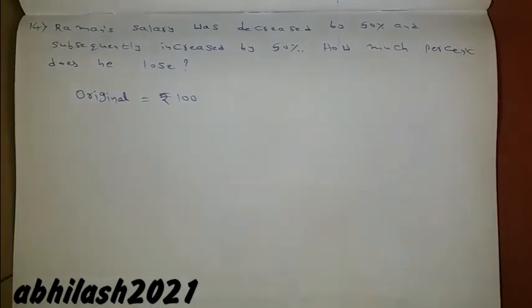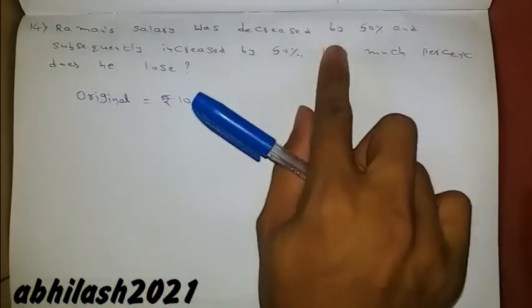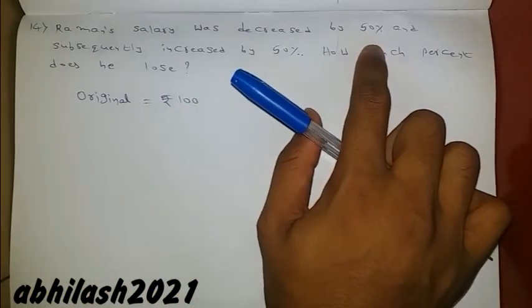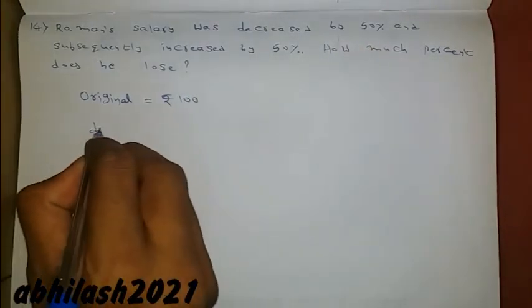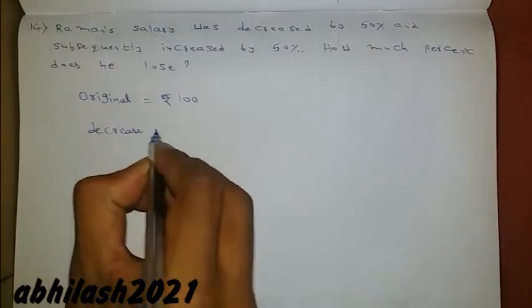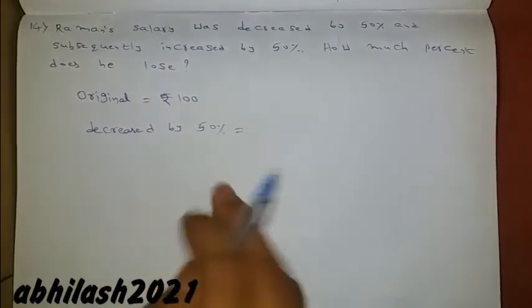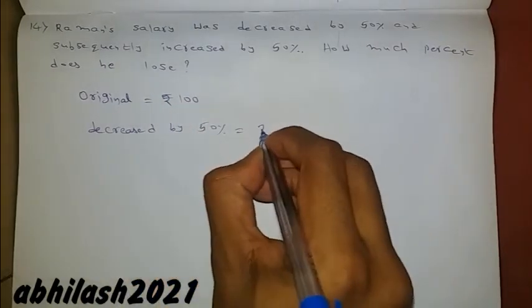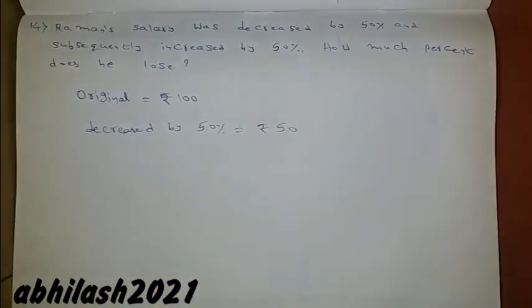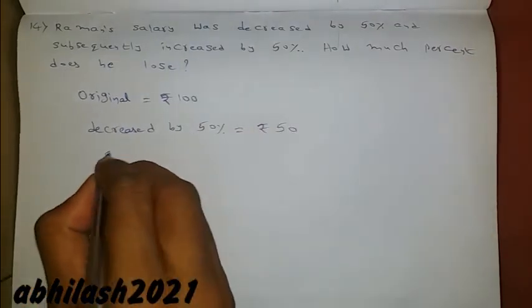Now Raman's salary was decreased by 50%. Here it's very easy because 50 percentage decreased is nothing but half decreased. So now after decreasing by 50 percentage, 100 rupees will become 50 rupees. Then again it was increased by 50 percentage.